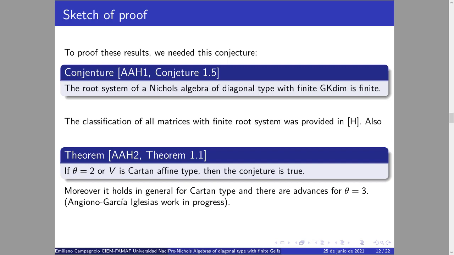If theta equals 2 or B is of Cartan affine type, then the conjecture is true. Moreover, it holds in general for Cartan type, and there are advances for theta equal to 3. This is work in progress by Angiono and Garcia Iglesias.